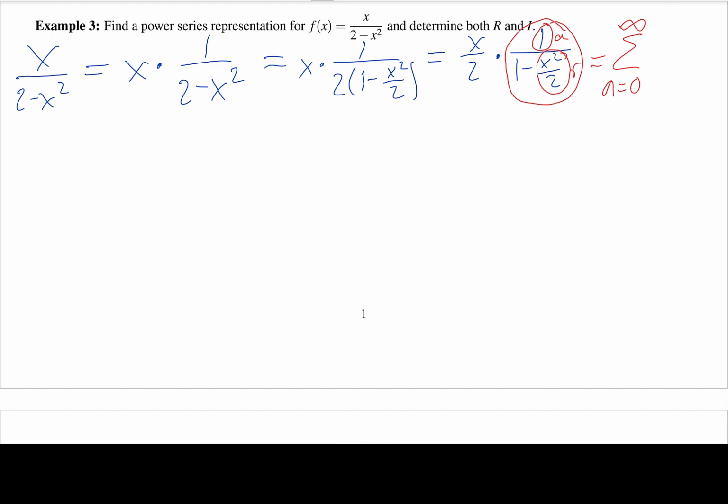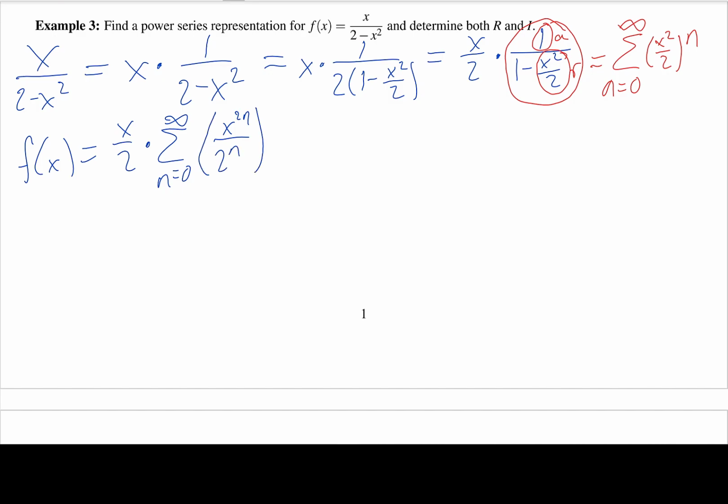So then this is going to be x squared over 2 to the n. And so what I can say here is that f of x is equal to x over 2 times this power series, the sum from n equals 0 to infinity of x to the 2n over 2 to the n.